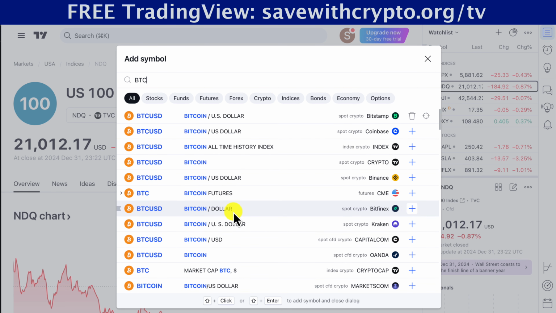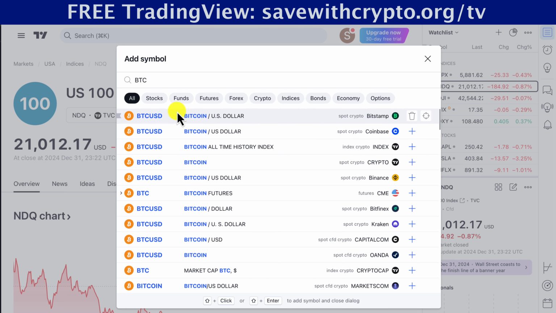I generally think if you're using a certain exchange, it's best to look at that pair on the exchange. Now, I say pair because you can look at BTC against USD or BTC against something else, like, I don't know, maybe Ethereum. But most exchanges will have BTC USD.